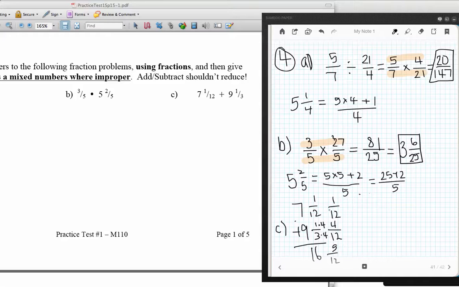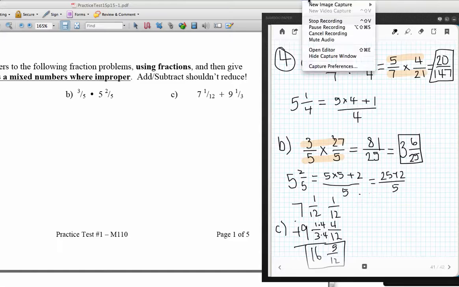Instead of changing these, as you may have seen in past classes, to improper fractions and adding them and all the work that goes along with that, you can simply add these as mixed numbers, as I exhibited in some of the videos before. So our final answer is 16 and 5/12. I'm going to stop for now because I think that's enough, and we'll do the second half of this question in another video.